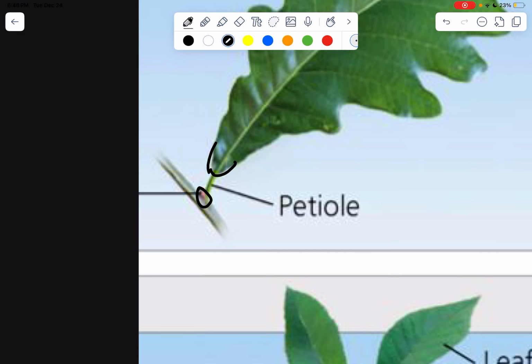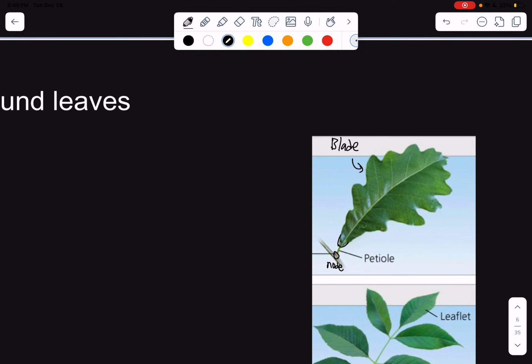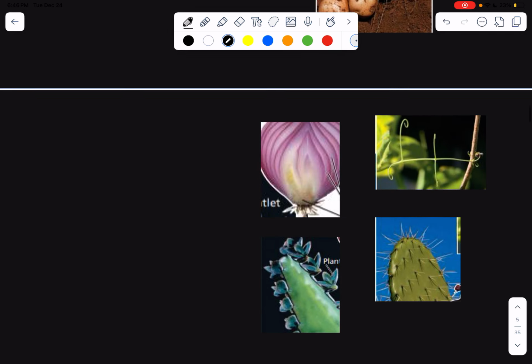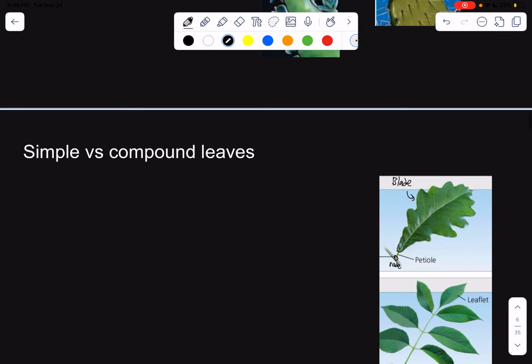And this part we're discussing is a node, actually. And remember, nodes often come from axillary buds. And furthermore, during this unit, we will see that monocots and eudicots differ in the arrangement of veins in the leaves.